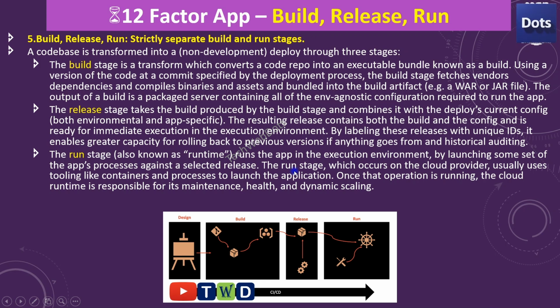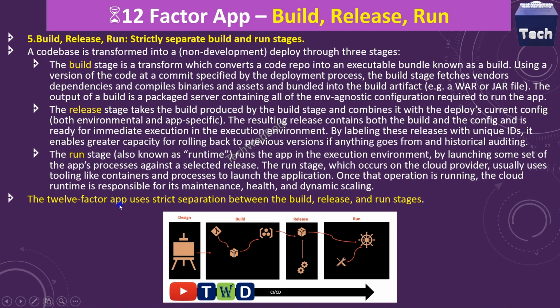It means the run stage, which occurs on the cloud provider, usually uses tooling like containers and processes to launch the application. Once the application is running, the cloud runtime is responsible for its maintenance, health, and dynamic scaling. All these parts are part of the pipeline. So the 12-factor application uses strict separation between the build, release, and run stages.